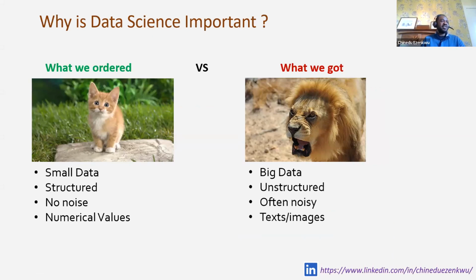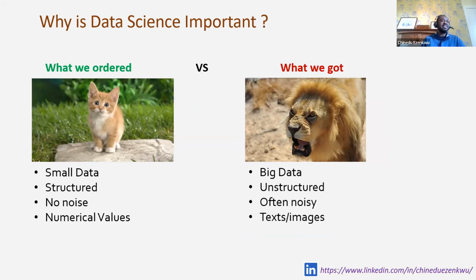When you want to go into data science, you think you'll be managing data that is so small, well structured in a tabular form, numerical values, no noise, so clean to be worked with. But in real life, that is not always the case. We see data that is very big to handle. We see unstructured data that are not just numerical values.